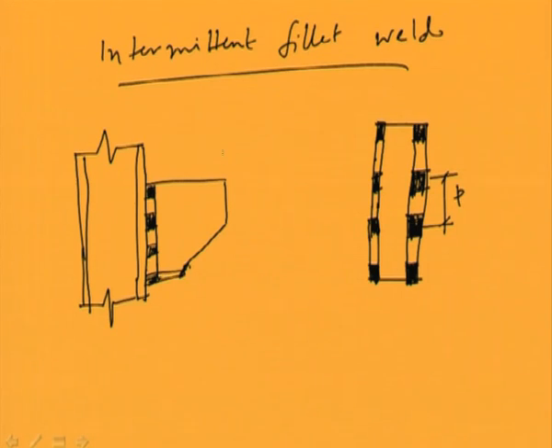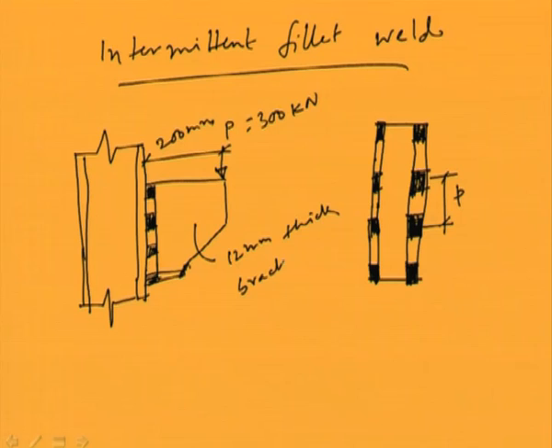Okay, so a load of 300 kilonewton has been applied at a distance of 200 millimeter from the column face. The bracket is 12 mm thick. Now design the joint as shown below using intermittent fillet weld. So this joint has to be designed using this intermittent fillet weld.